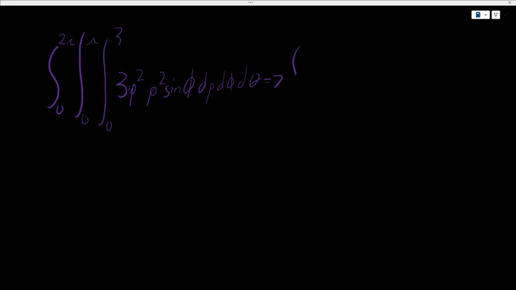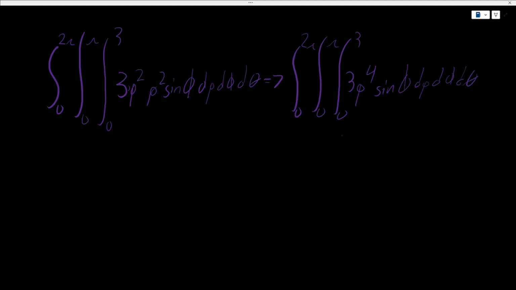Let's simplify the integrand. So we're just left with 3 rho to the 4th power sine phi d rho d phi d theta. Let's start by taking out the constant 3. So we're left with just the 0 to 2 pi, 0 to pi, 0 to 3, and rho to the 4th times sine phi.